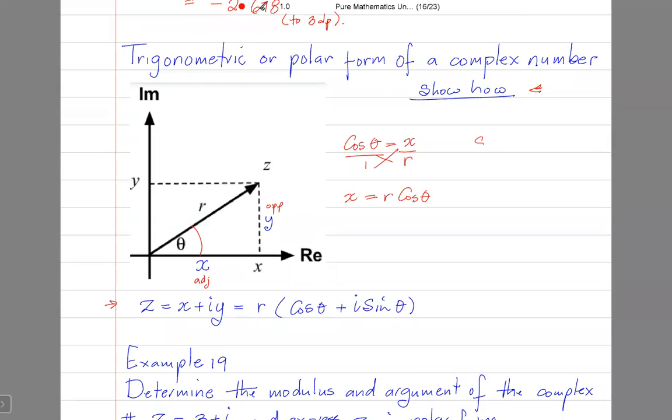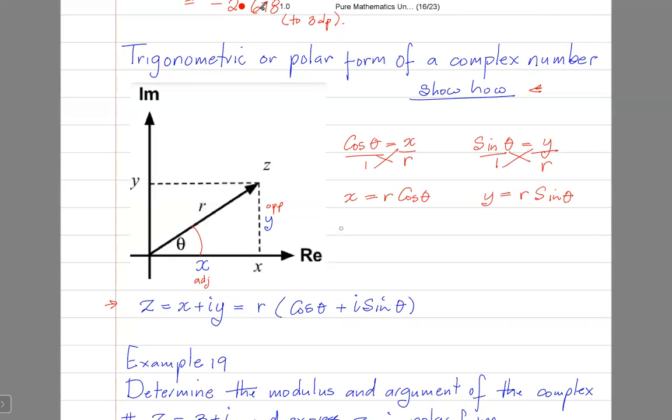The sine of theta is equal to opposite y over hypotenuse r. To get rid of the fraction, I would cross multiply. 1 times y is equal to r times the sine of theta.